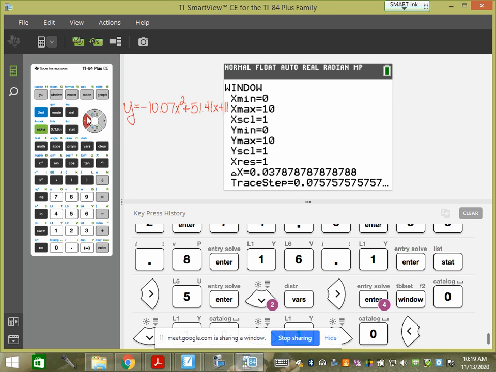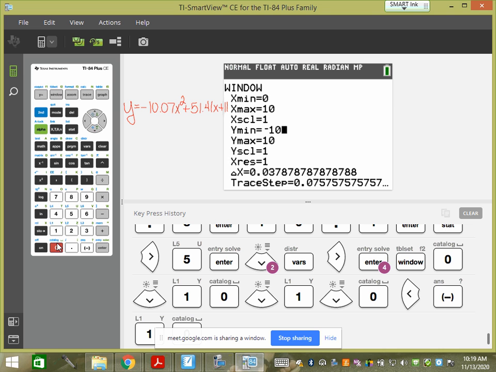You can make it be below if you want so you can see it. I'm going to go negative 10, just so I can see the actual ground level. But is negative 10 an appropriate value of height? No, that would mean you hit the golf ball so hard it went into the ground. I'm just doing negative 10 so that I can actually see the intersection when I go to do the intersection at 0. And then y max can be 100, let's say.